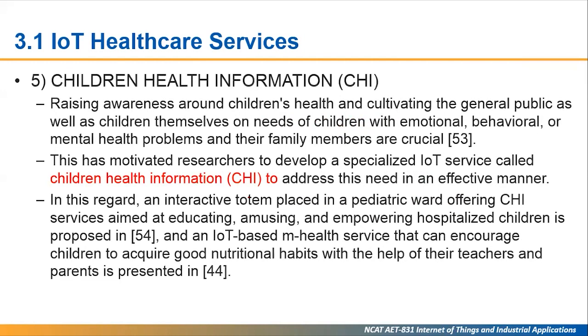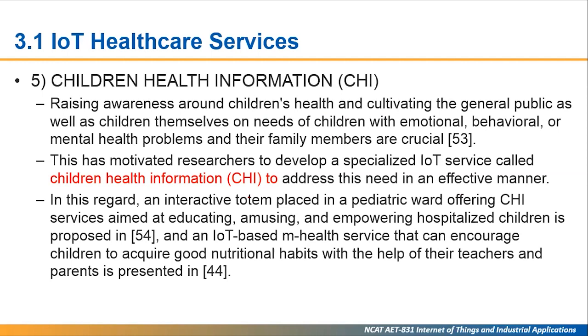The next service is children health information. Raising awareness around children's health and cultivating the general public, as well as children themselves, on needs of children with emotional, behavioral, mental health problems and their family members are crucial. This has motivated researchers to develop specialized IoT services called Children Health Information, CHI, to address this need in an effective manner.